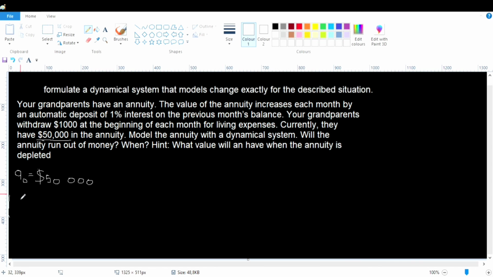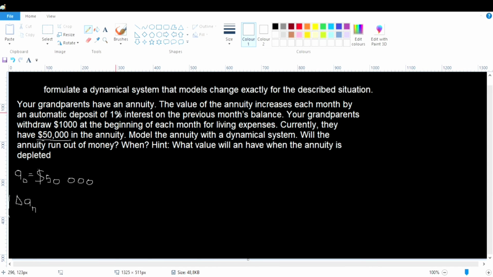Here is our second step. This is change. A sub n. Change is equal to some function. The value that we have right now in the annuity is $50,000, but there will be some changes that will occur each month.